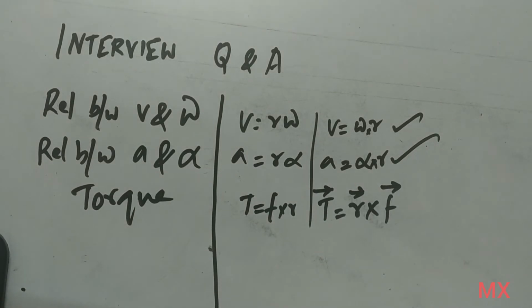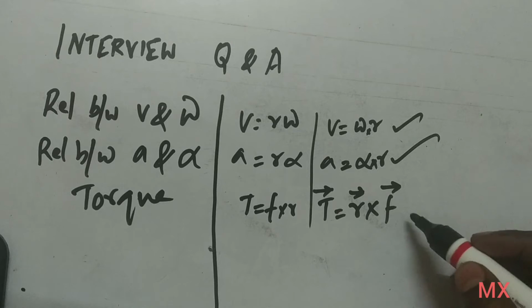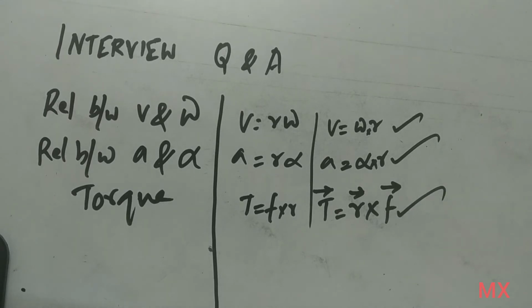You have to tell T vector equal to R vector cross F vector. If you are telling only this, it is enough. This is very much right. If you are able to tell T vector equal to R vector cross F vector, it's 100% correct for answering what is torque.